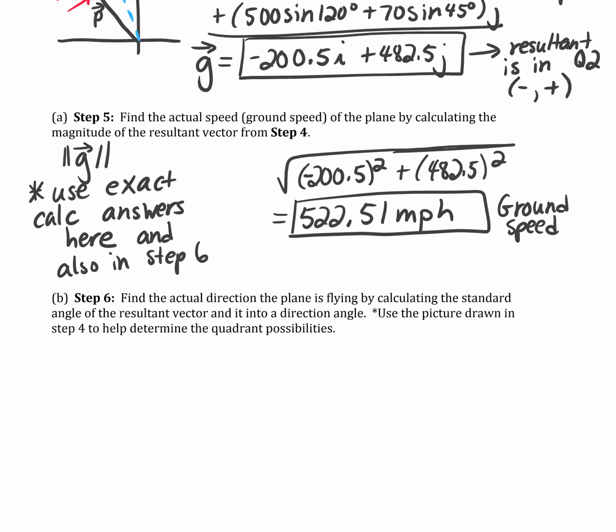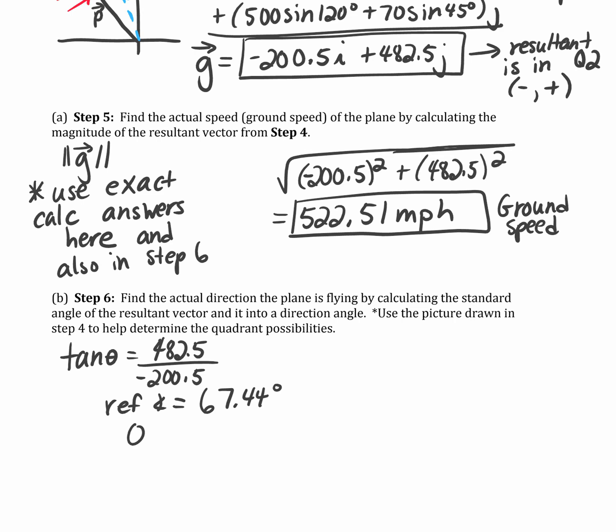And then to find the actual direction, we're going to go back and do tangents. We're going to do tangent theta is equal to 482.5 divided by negative 200.5. That's going to actually give us a reference angle. I'm going to get rid of the negative sign that will come out from the calculator of 67.44 degrees.